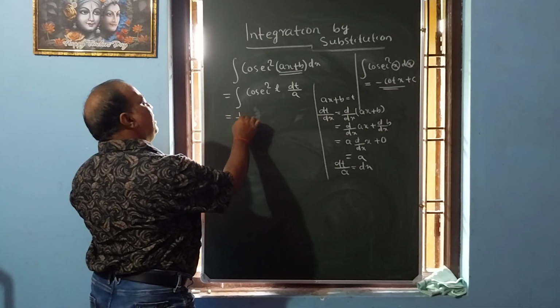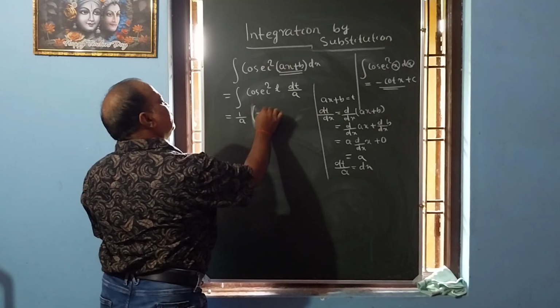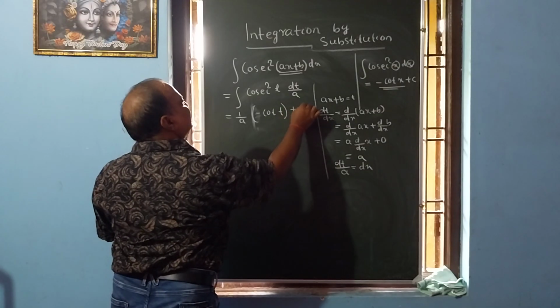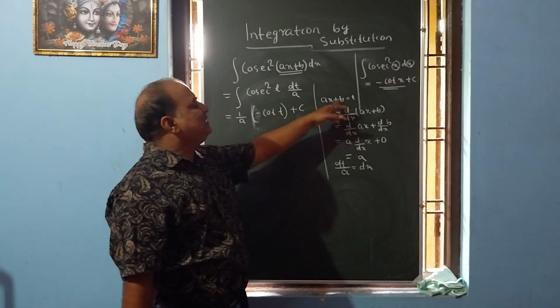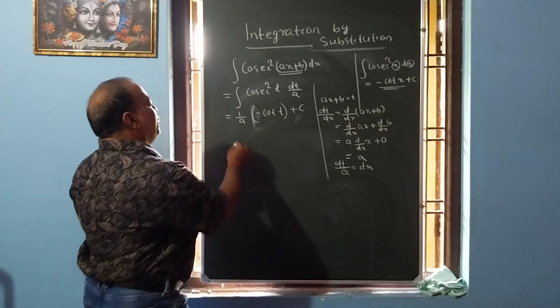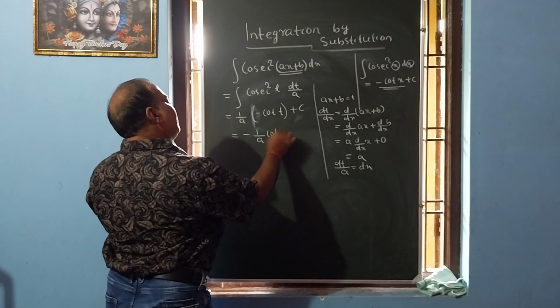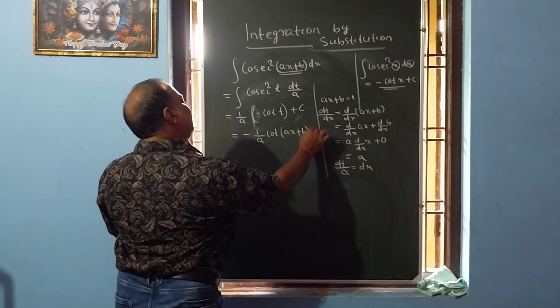We get 1 by a times minus cot t plus c. Now put the value of t as ax plus b. So we get minus 1 by a cot (ax plus b) plus c.